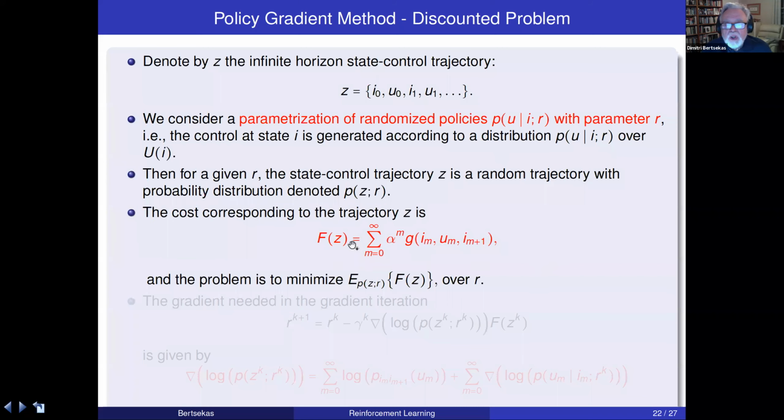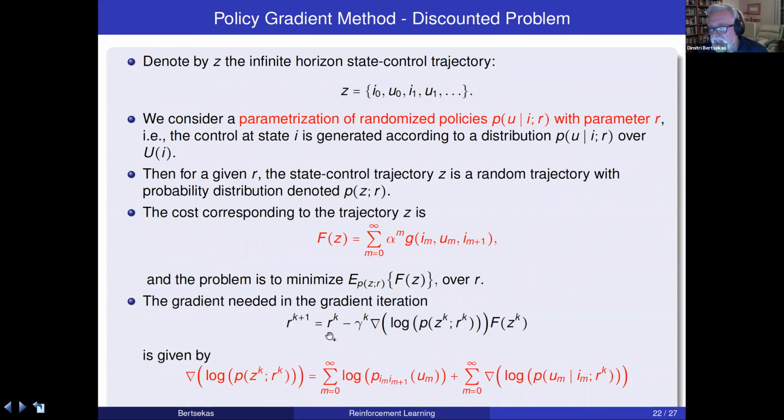So the cost function now is just the usual discounted infinite horizon cost. And Z, of course, is this sequence here, and f of Z is this sequence here. It's something that's random, and the problem is to minimize this expected value over R.